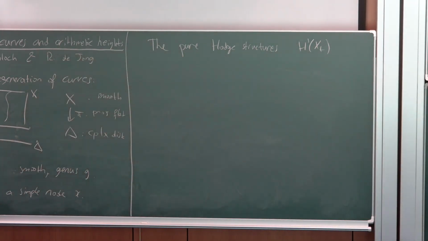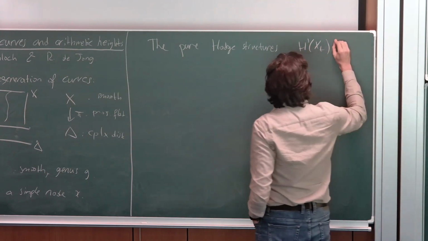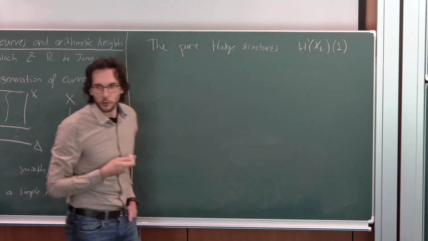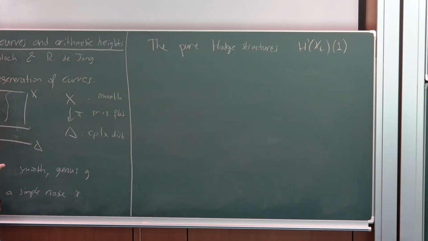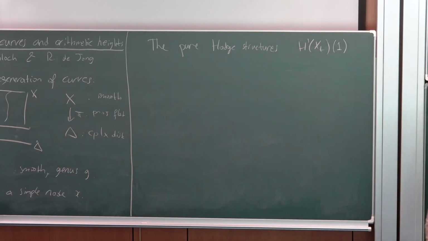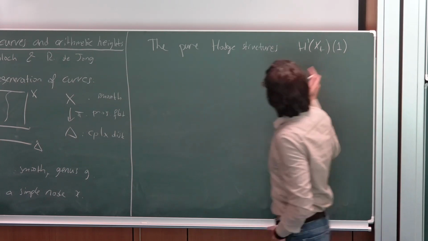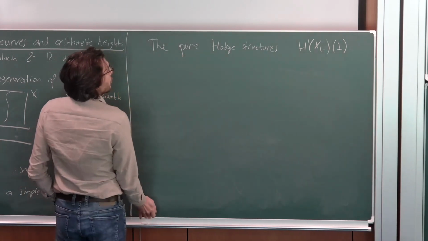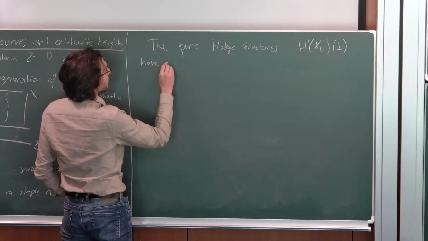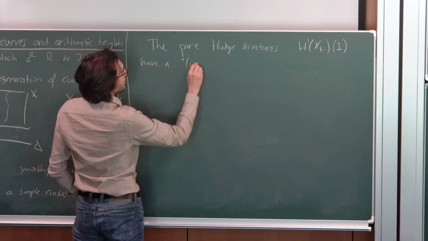Now, for technical reasons, I will twist this Hodge structure. If you know what it means, you know it doesn't mean anything. If you don't, you can just say there's an integral lattice inside. You're basically multiplying this integral lattice by 2 pi i. It's not very important. But these pure Hodge structures have a limit.